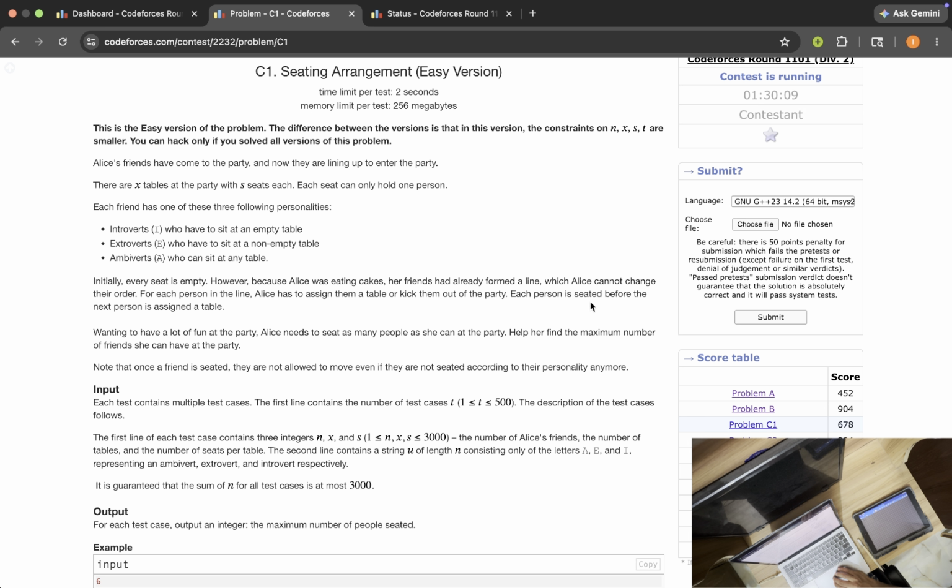Each person is seated before the next person is assigned a table. Wanting to have a lot of fun at the party, Alice needs to sit as many people as she can. Help find the maximum number of friends she can have at the party.